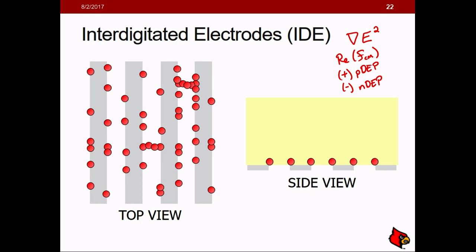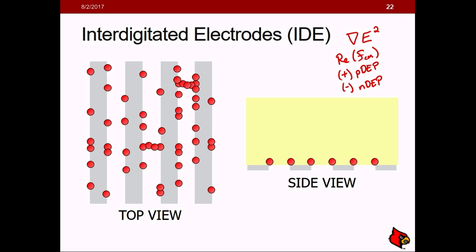So now what happens in negative dielectrophoresis? They're going to be repelled from these regions. If you didn't have a lid, particles would just be floating, they'd be repelled, and you wouldn't see them on the bottom surface.